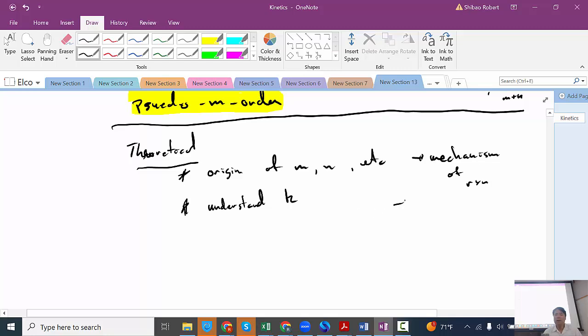And K we look at in terms of collision theory. Actually, both of these are under the theory. The theory here is going to be collision theory for chemical reactions.